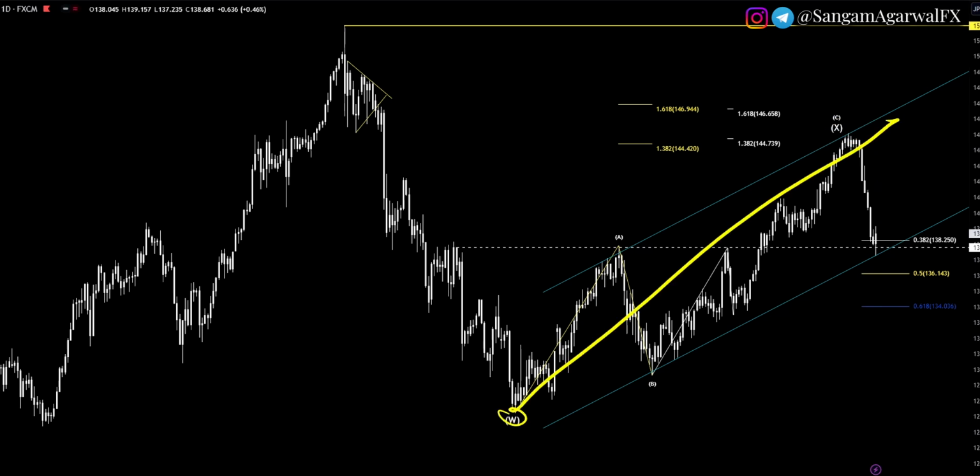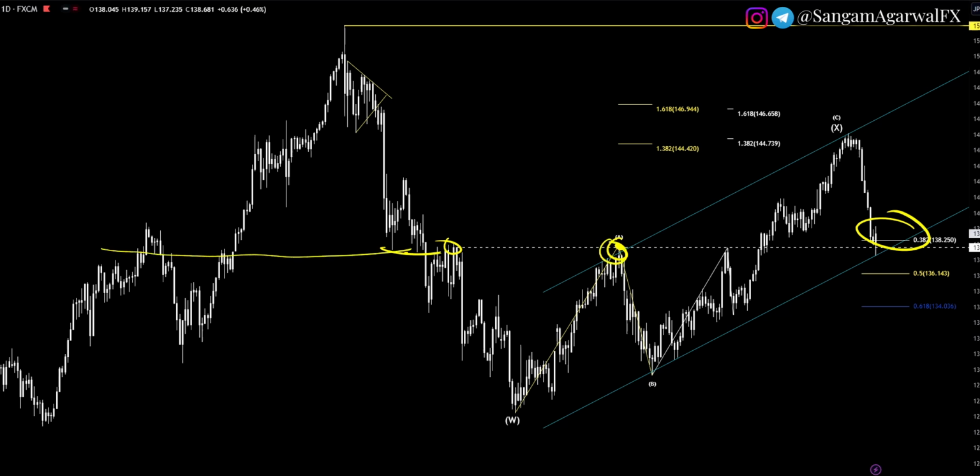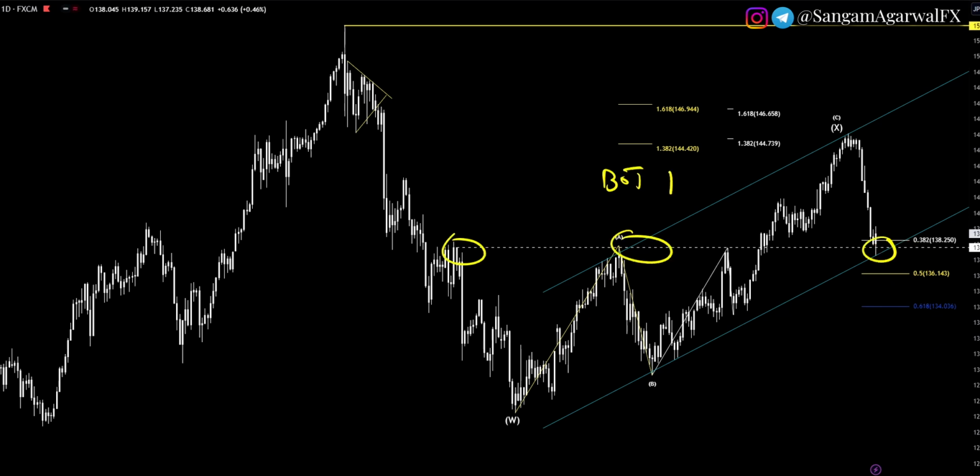And this last wave has retraced 38%. This is your fib level, and this is your strong horizontal support level. For the next entry, if this level breaks in the next 2 weeks, then on retest you can sell. But till the next BOJ and Fed monetary policy, I expect sideways correction in dollar and JPY both.